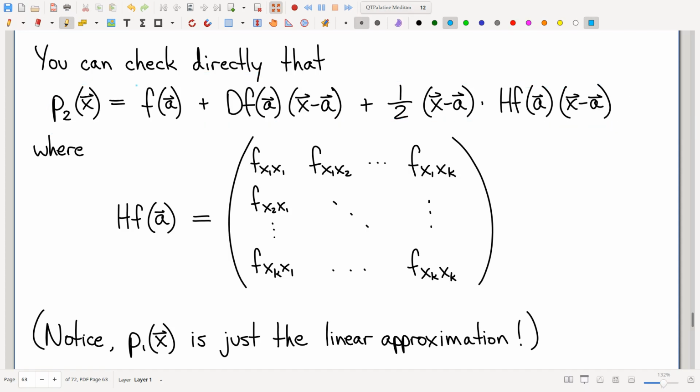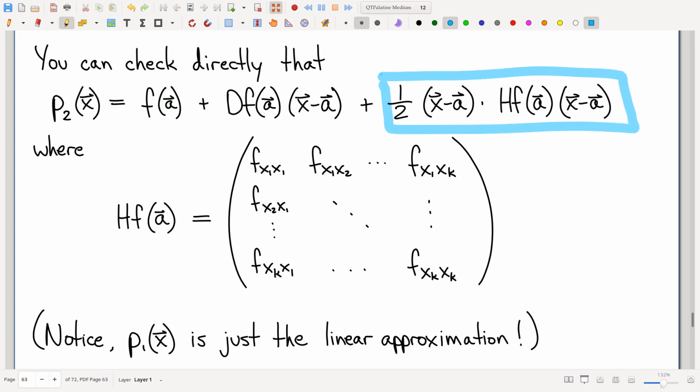You're going to recognize right off the bat that the first 2 terms are literally the linear approximation for f. So all we're really doing is adding sort of a second order correction, you might say.